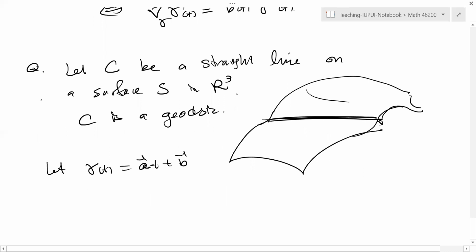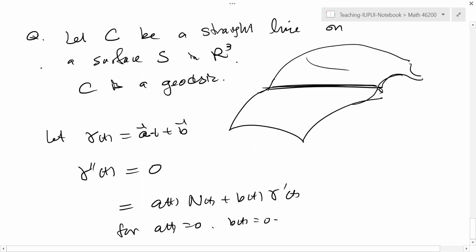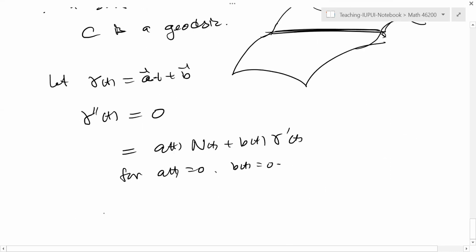Then the second derivative is going to be 0, which is A''(t) n(t) plus B''(t) gamma, with A''(t) equals 0 and B''(t) equals 0. So based on the above theorem, gamma is a geodesic, or C is a geodesic.